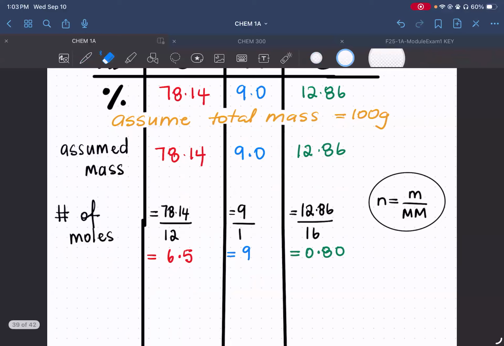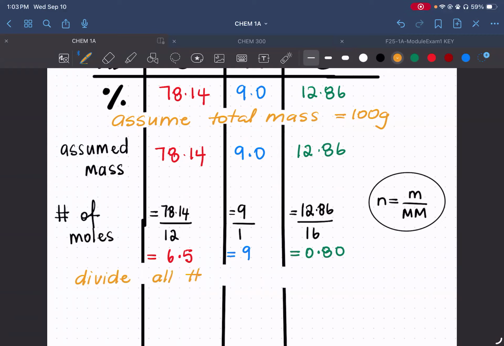After this, we will divide all numbers above by the lowest number, which you should be able to identify as the 0.8.